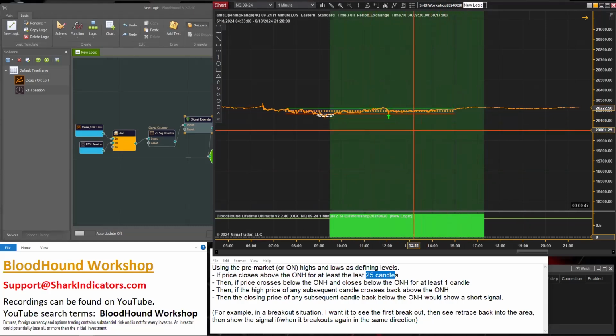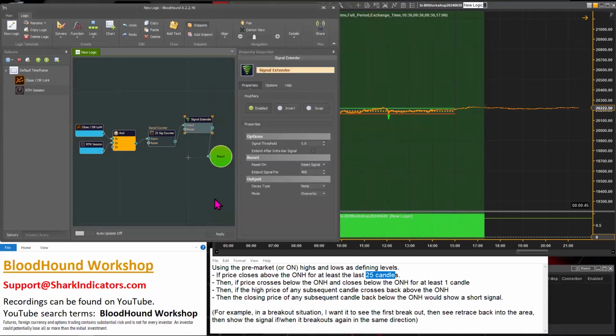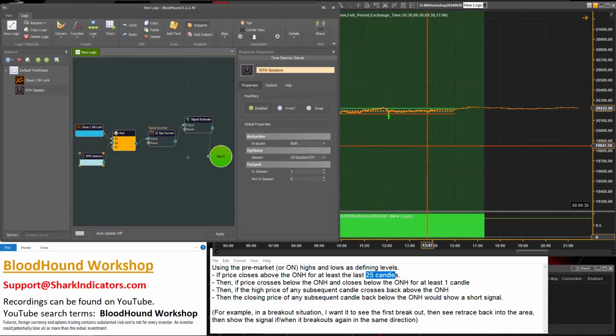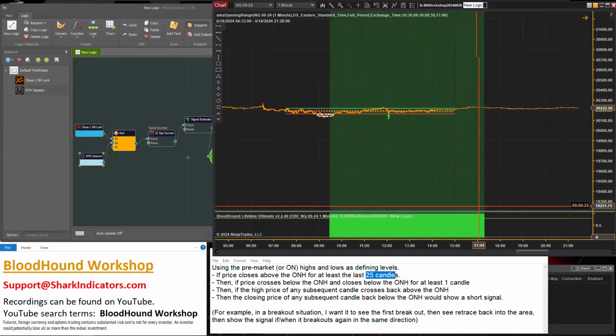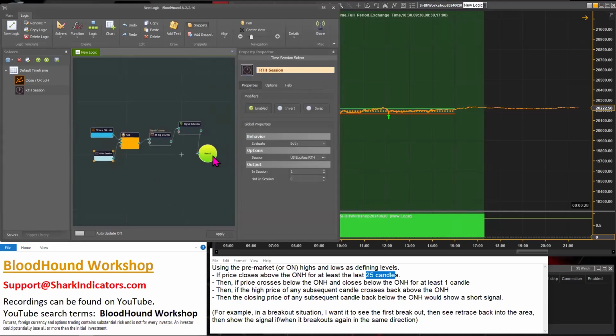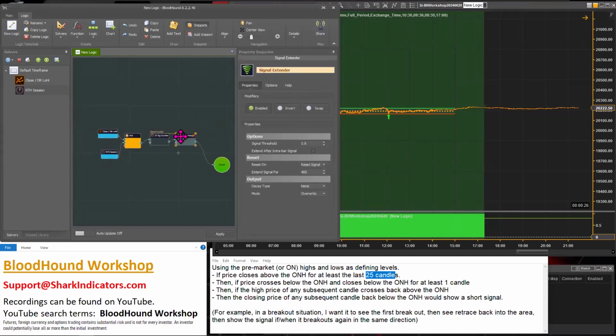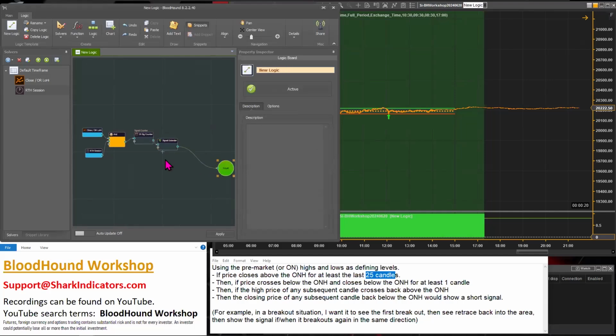Since I have this time session solver, which strips away any output from the overnight session, I'm going to use it again here. Move this down. I'm going to grab another AND node and connect that in.